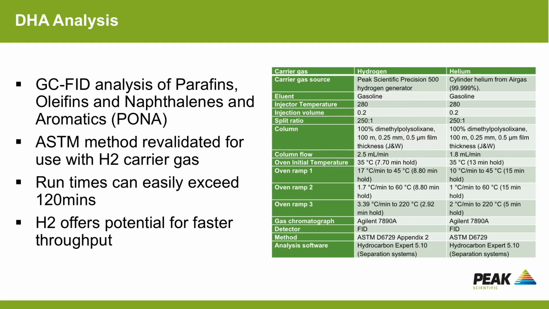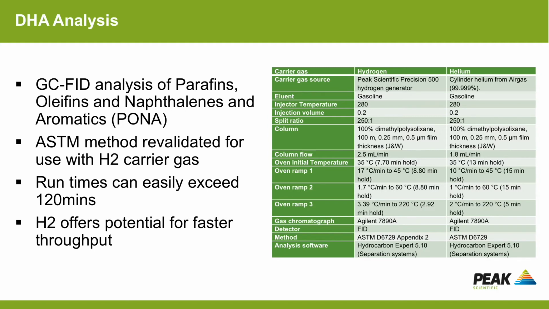You can see the column flow on the hydrogen method is higher than on the helium, so we have 2.5 milliliters per minute versus 1.8, and the corresponding oven ramps have much shorter hold times and a higher ramp rate, which ultimately means that the analysis is much faster.